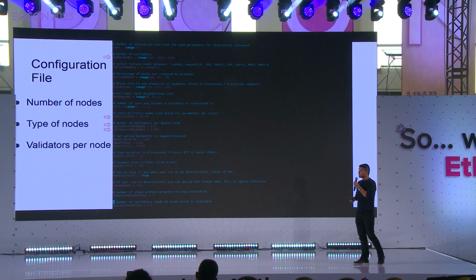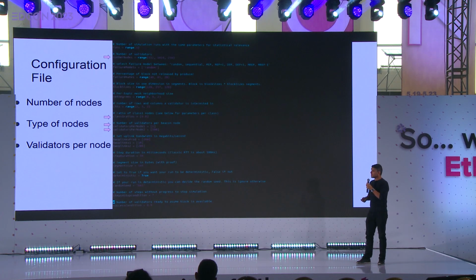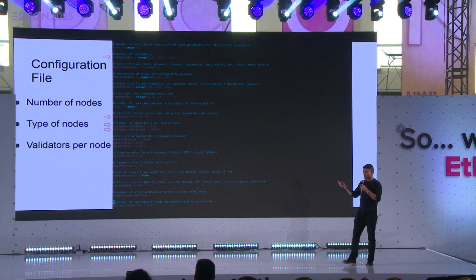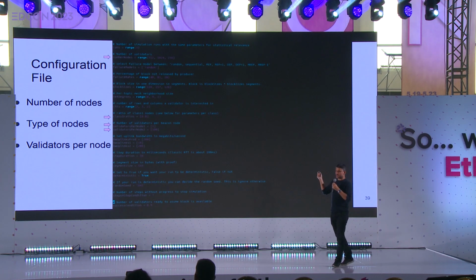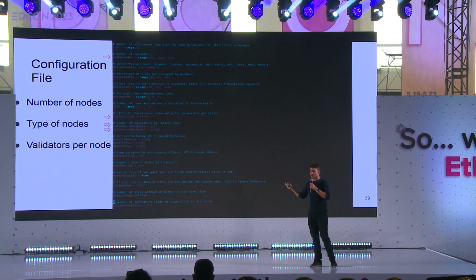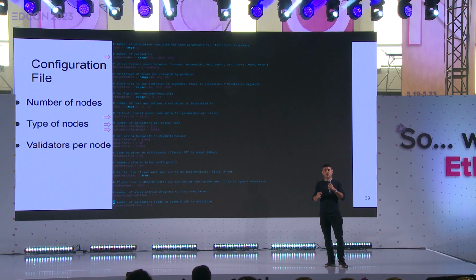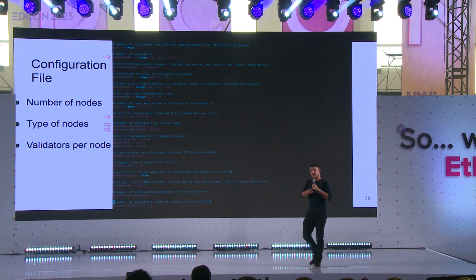Now, just to give an example of the configuration file, I'm not going to go through all the details here. But just to explain, you can parameterize the number of nodes in the network. You can also say what types of nodes you want to see in the network. So for example, you have two types of nodes. You have the solo stakers that are small nodes in houses that have perhaps a small bandwidth and that only host 1 or 2 validators.